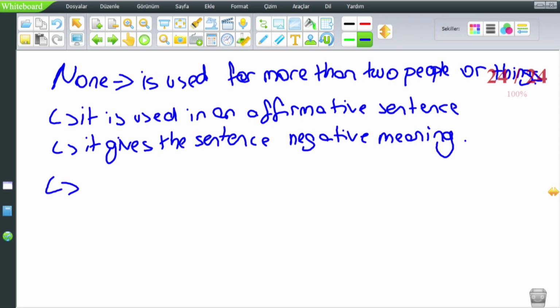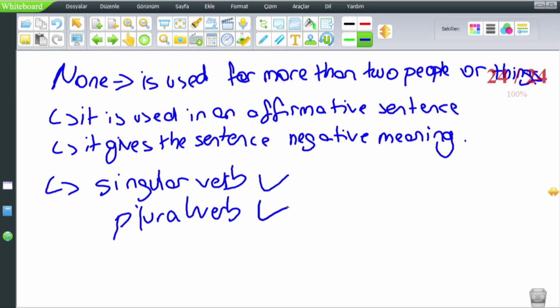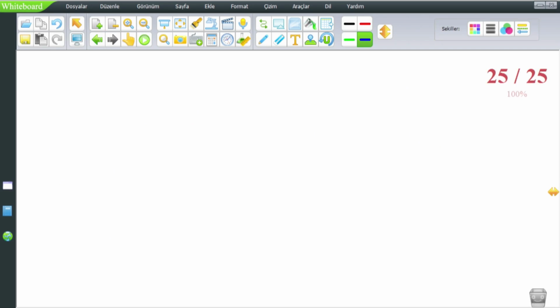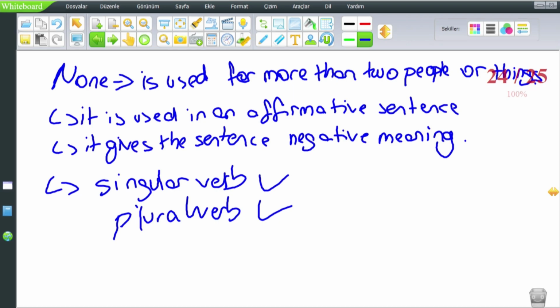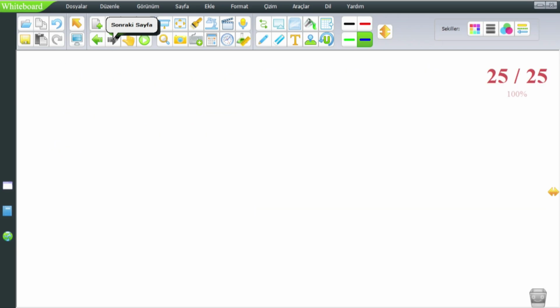And again, in this one, I can either use singular verb or plural verb. They are both correct. You can use either of them. We said that it is used in an affirmative sentence, but it gives a negative meaning, and you can use both verb forms.